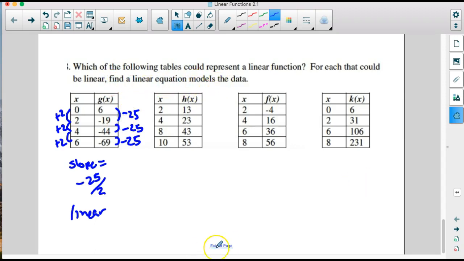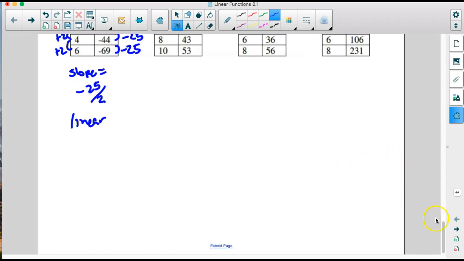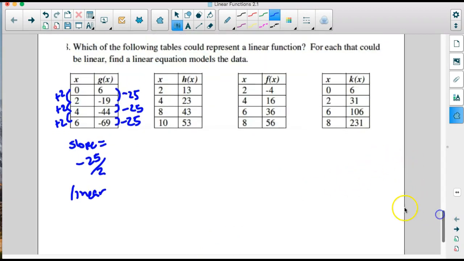So in this problem, we have the slope and we have the initial value. The initial value is where it starts at 0. So the initial value is here. So our equation here, if we just use y equals, oh, well, we can't here because it says g of x.